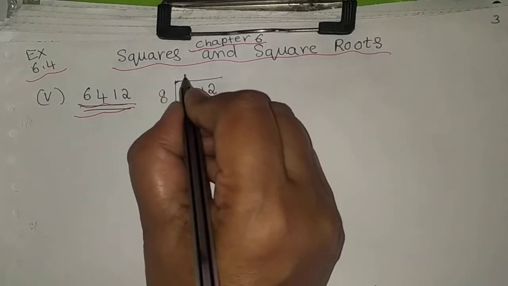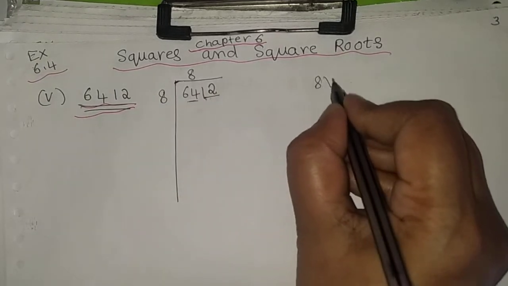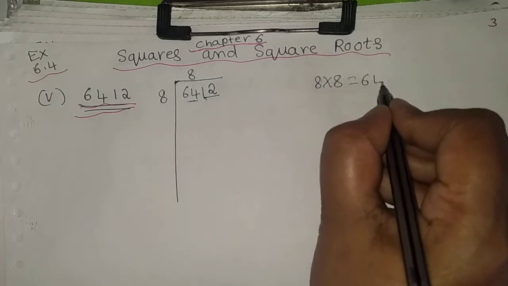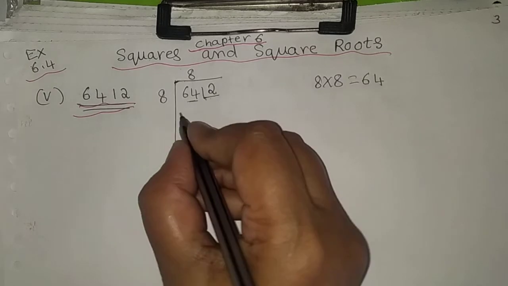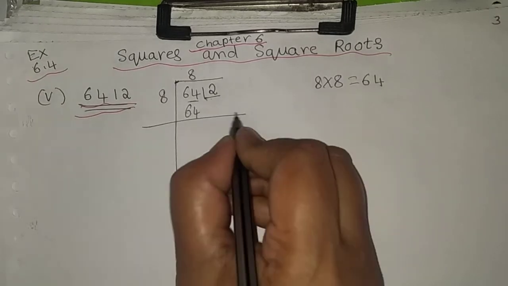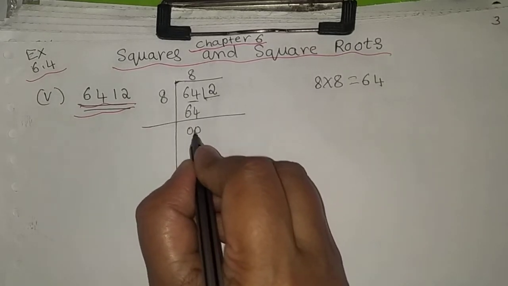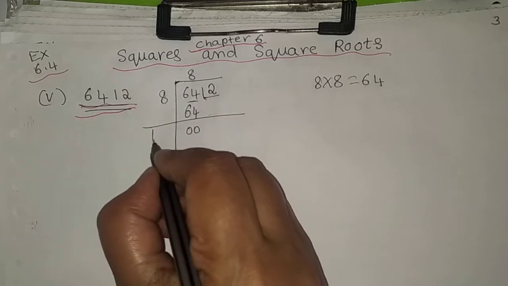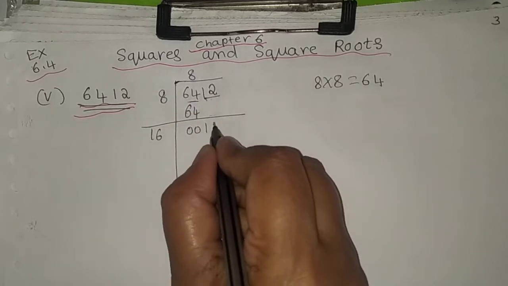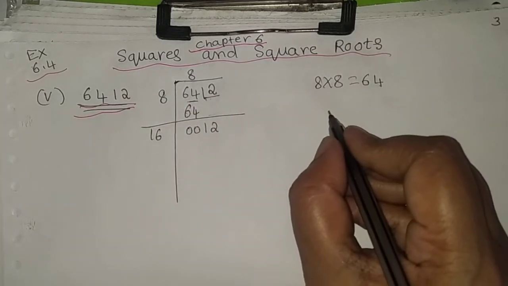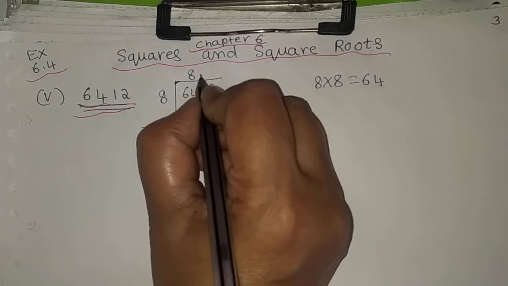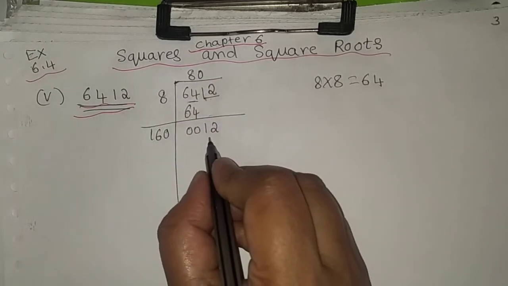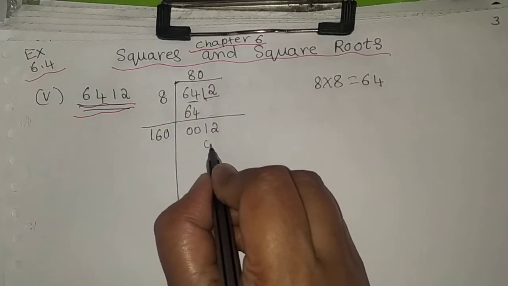Directly we have 8 into 8, which is equal to 64, the nearest perfect square. Substitute here, then subtract. Bring down 12, and here we write 0 next to 16. So here also 0.